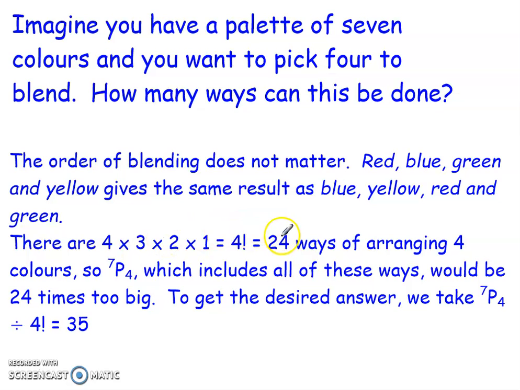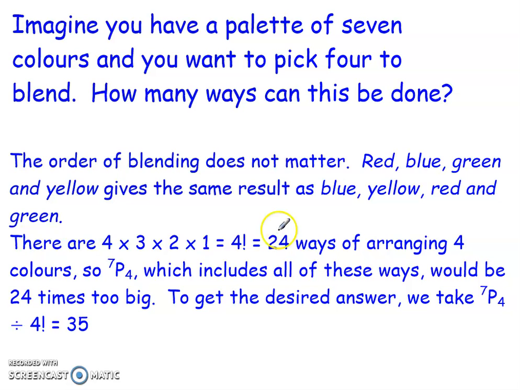So what that means is we're actually going to end up with a factor of 24 times the number that we want. So we're going to end up taking 24 multiples into account of the ways we can arrange it, because we would then consider the way that we have to arrange the colours to be put in. But in this case, it's not something that we want to do.